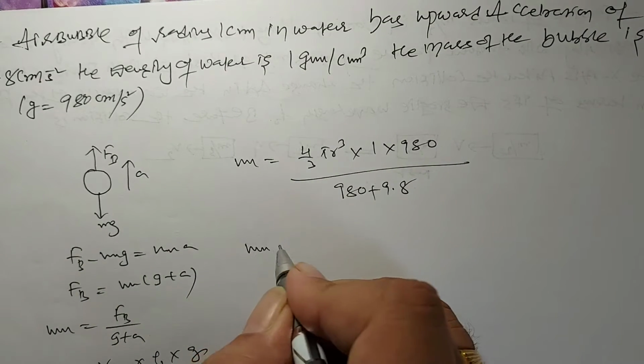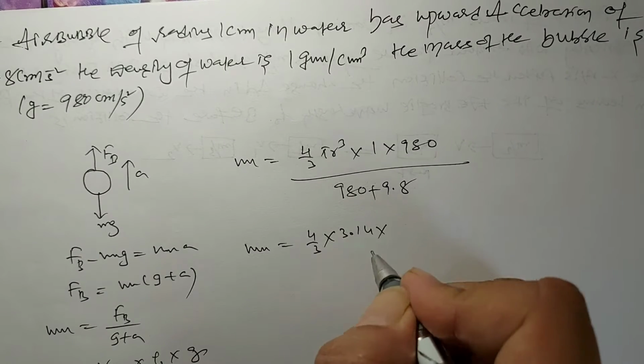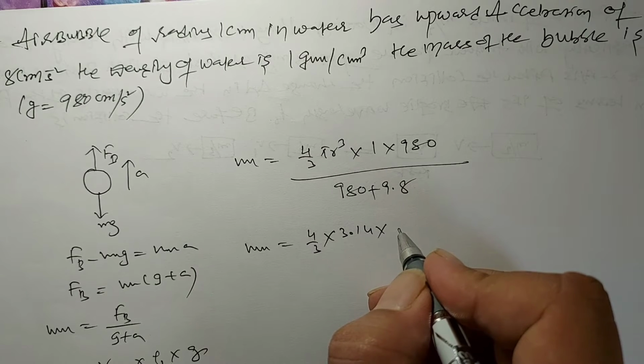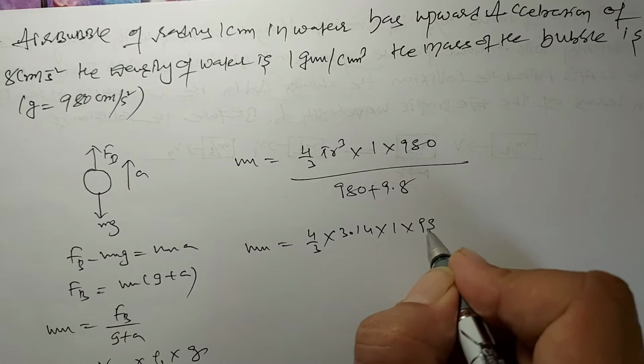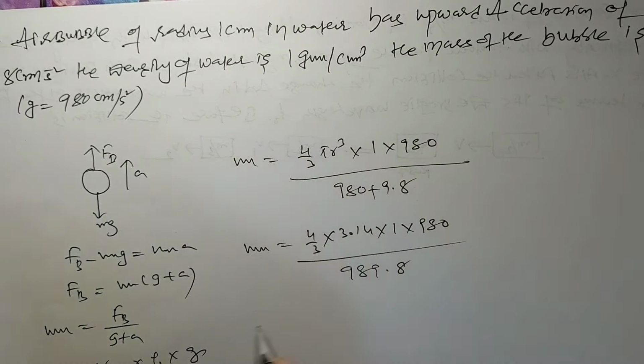So m is equal to 4 by 3 into 3.14 into r, which is 1 centimeter, cubed, into 1 into 980 divided by (980 plus 9.8).